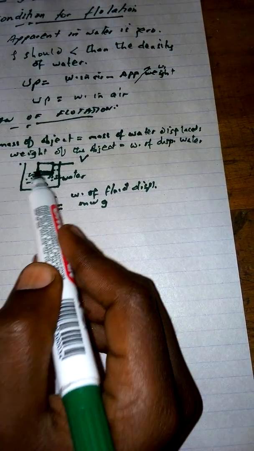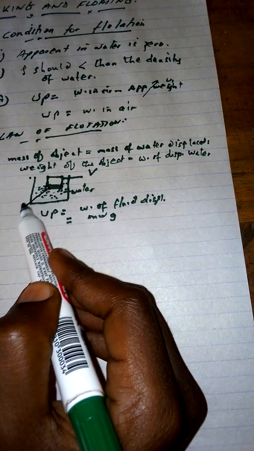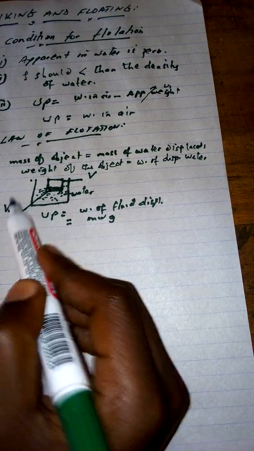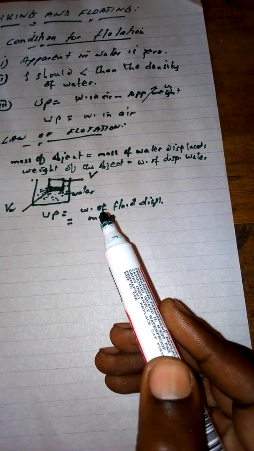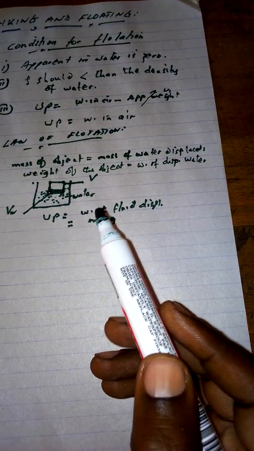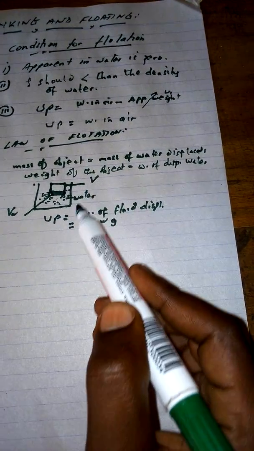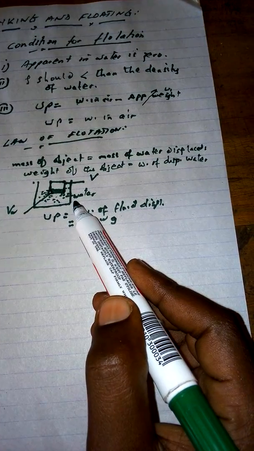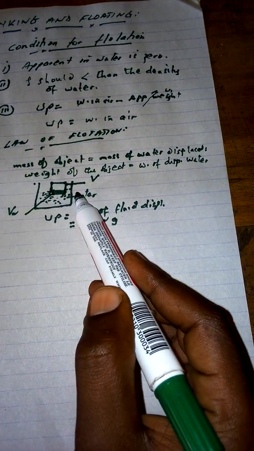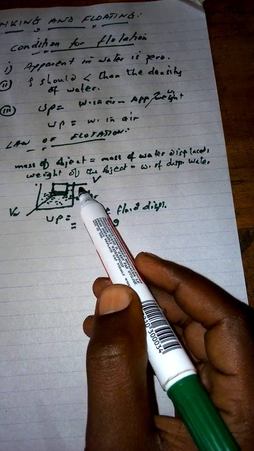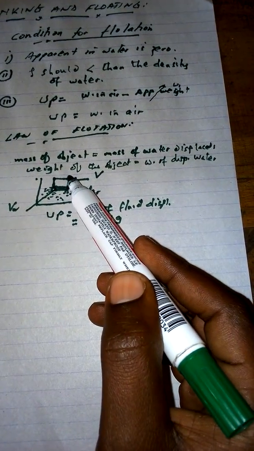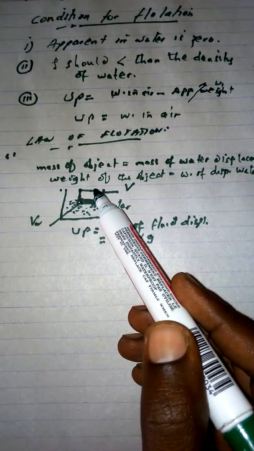You can see it has the volume when it is in water. Let's say this is volume of water, VW. So basically we can calculate the fraction or the amount which is below the water surface, and also we can calculate the fraction which is above the water surface.